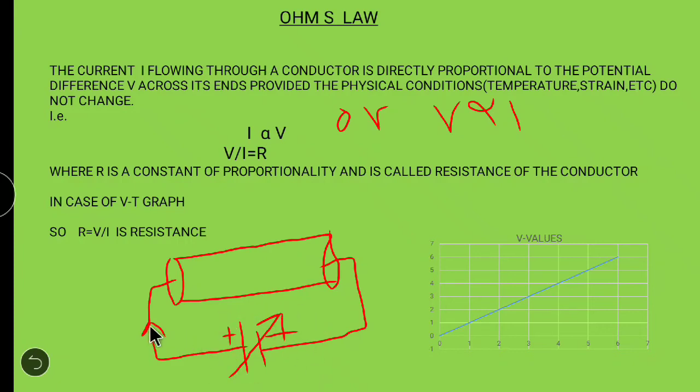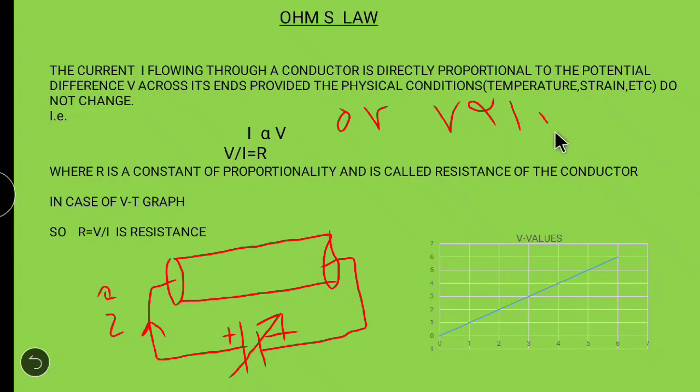So students, let at a fixed value of potential difference, an amount I is flowing through it. As we increase the value of V, the value of I will increase. So here V is directly proportional to I. So for removing the sign of proportionality, we have to introduce a constant.